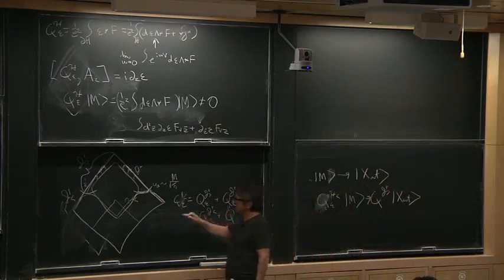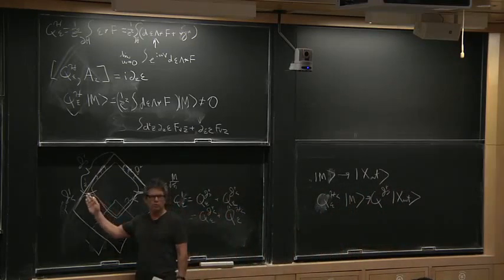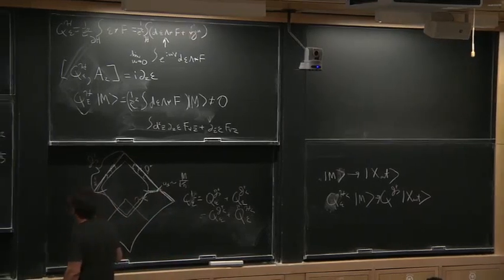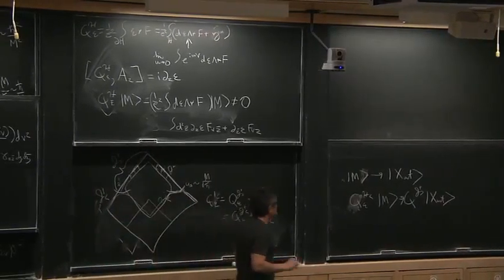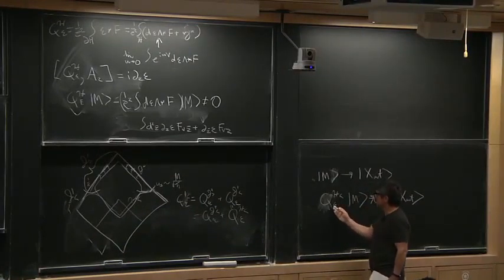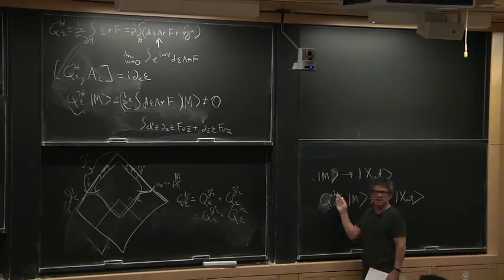Now, if I have made this black hole with neutral matter, then this object here, this q epsilon, has no charge matter contribution into it, and all it does is create a soft photon on the black hole.